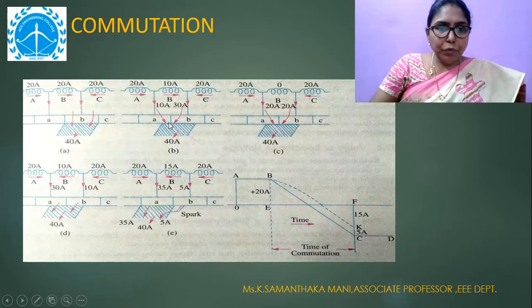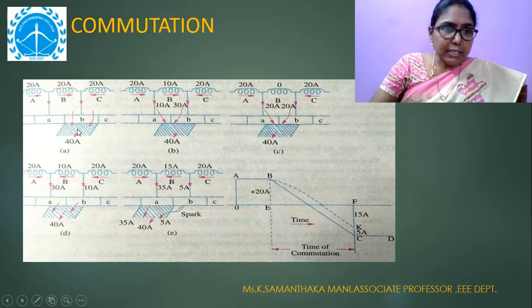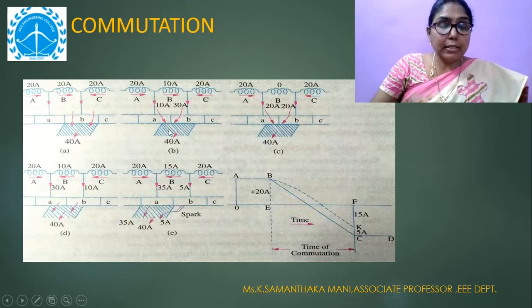In that case, if you observe here, the area of contact with the segment A is a little bit reduced, and here the B is reduced compared to the earlier case, and we have a new contact with the segment A. In the first case there is no contact with the segment A, but in the second instant there is a small contact with the segment A, and here the contact is 3/4 contact with the segment B. Now during this case also the brush has to collect 40 amperes, right?